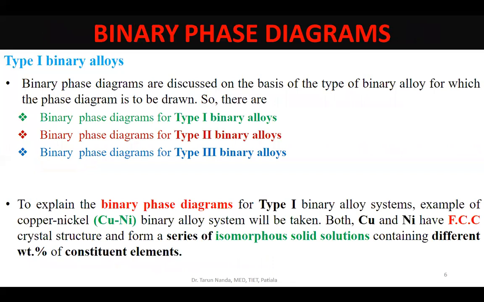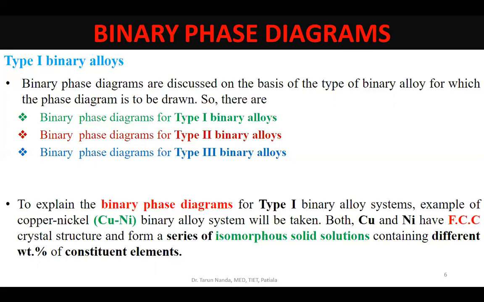Now, to explain this type 1 system, there are only a few pairs of elements which can actually act as type 1 systems. Copper, nickel is the most common example. Gold, silver is another example. Gold, platinum is another example. Platinum, silver is another example.